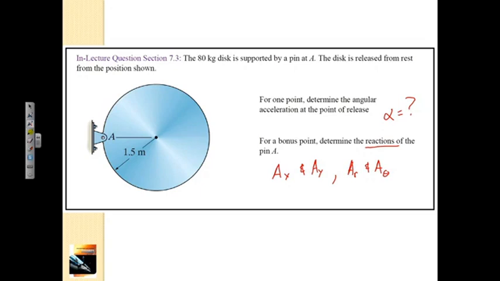Don't know ay. Don't know a of gy. mgr, I know those. Ia, I've got to solve for that, but I can figure it out. And I don't know alpha. Ah, 3 equations, 5 unknowns. Bad news, right?